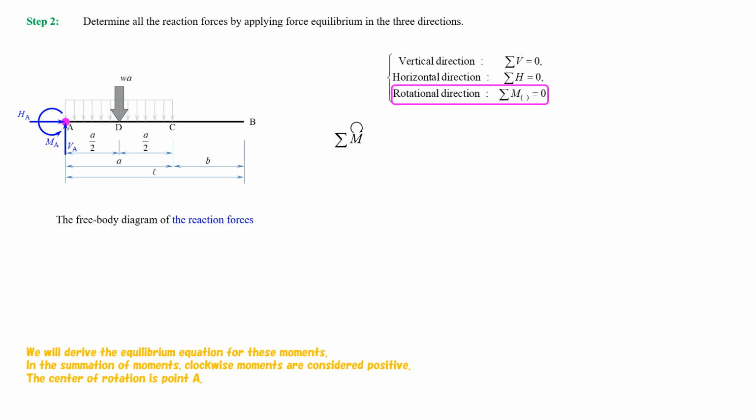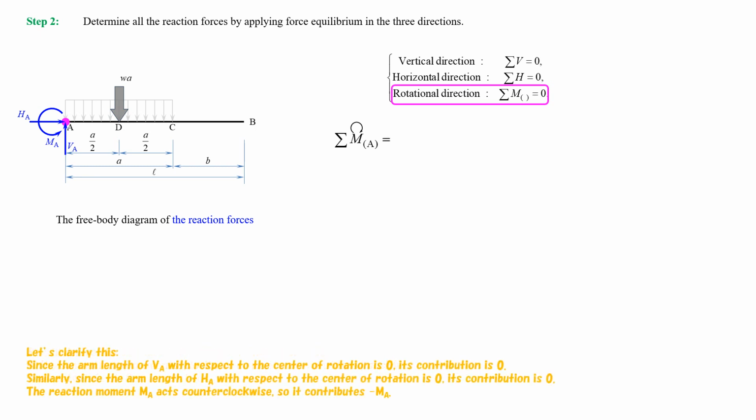The center of rotation is point A. Since the arm length of VA, with respect to the center of rotation, is 0, its contribution is 0. Similarly, since the arm length of HA, with respect to the center of rotation, is 0, its contribution is 0.